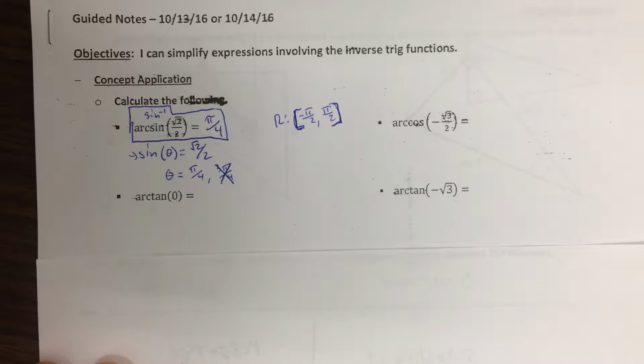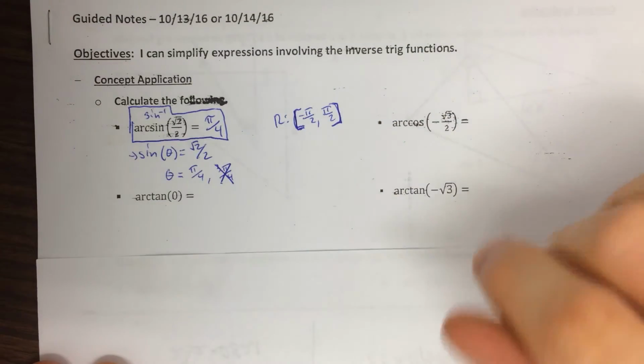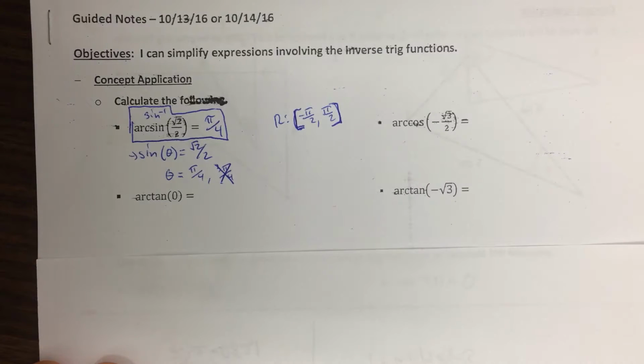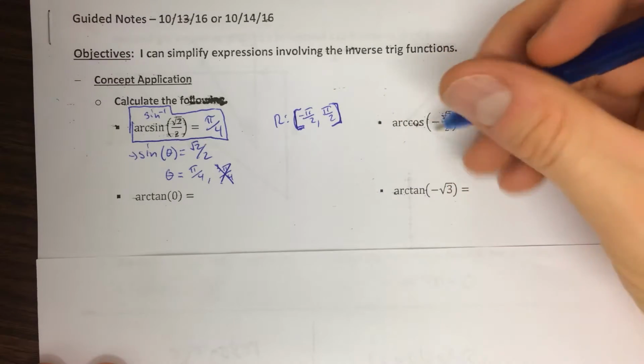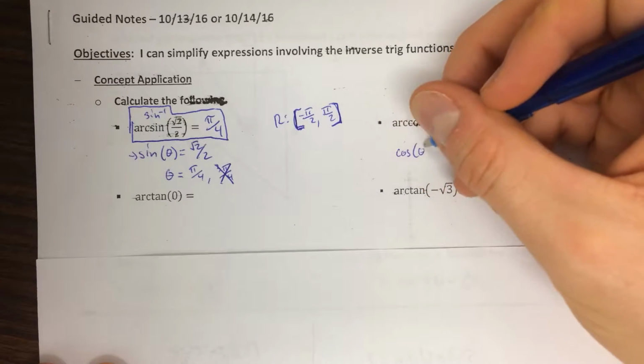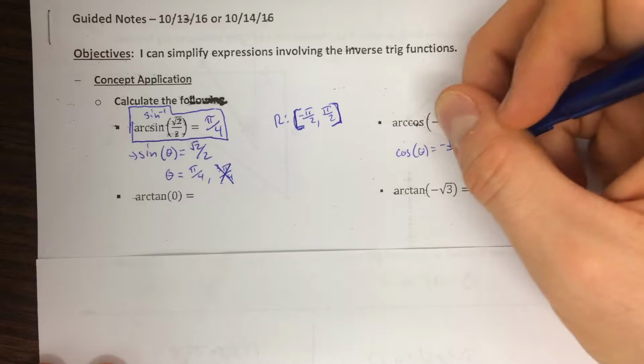Let's go to arc cosine. I think we can see what's happening with arc cosine, and in arc tangent as well. For arc cosine, we were trying to find the value where cosine of theta is equal to negative square root of 3 over 2.